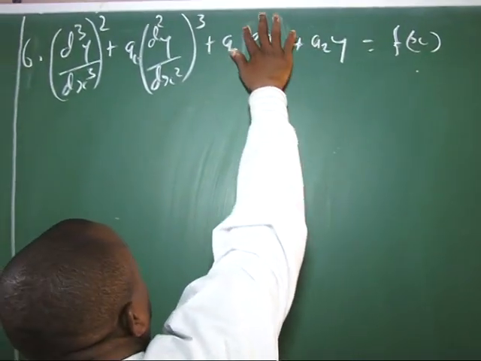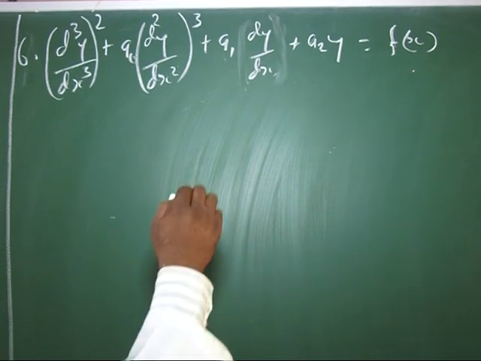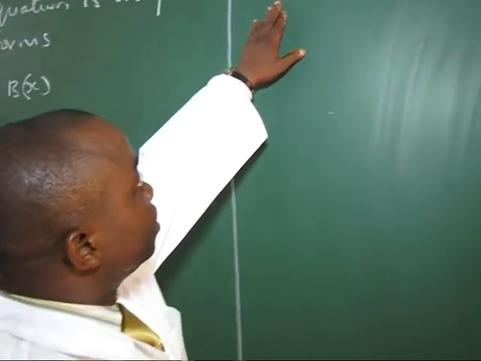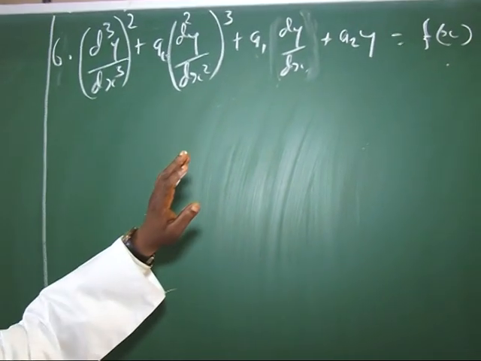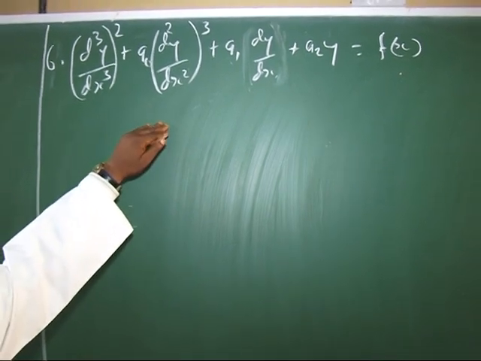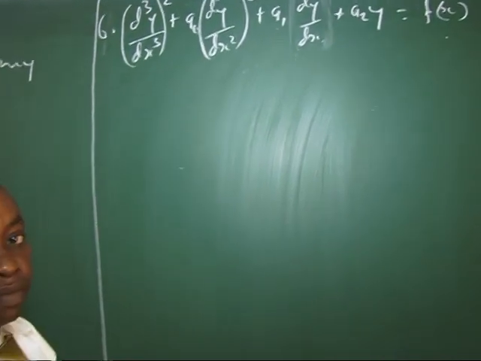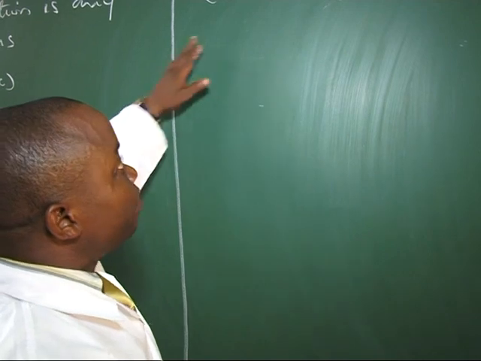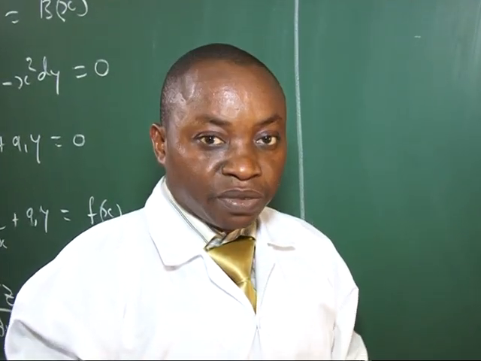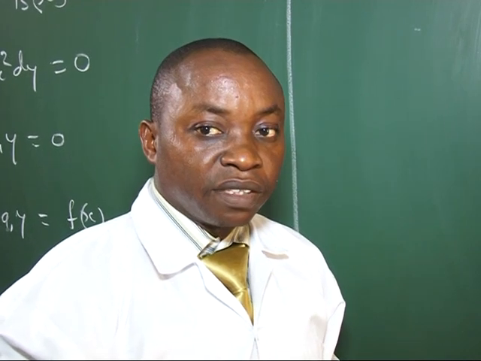You see, I deliberately remove that place so that it will not be confusing. Now this is third order differential equation of degree 2. You see, the naming of these differential equations will soon be made known as we go further.